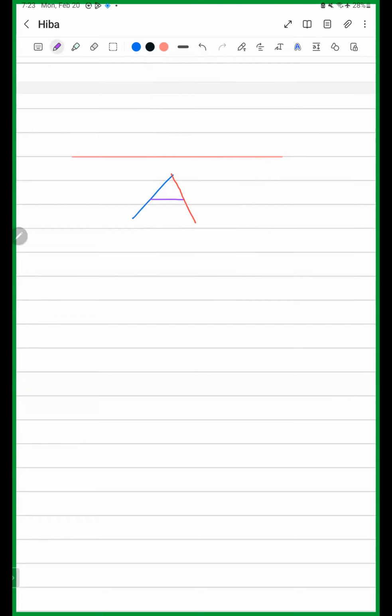अब हम तीनों के mirror image देखते हैं. ये जो blue वाला part होगा, उसका mirror image ऐसे होगा, है ना?